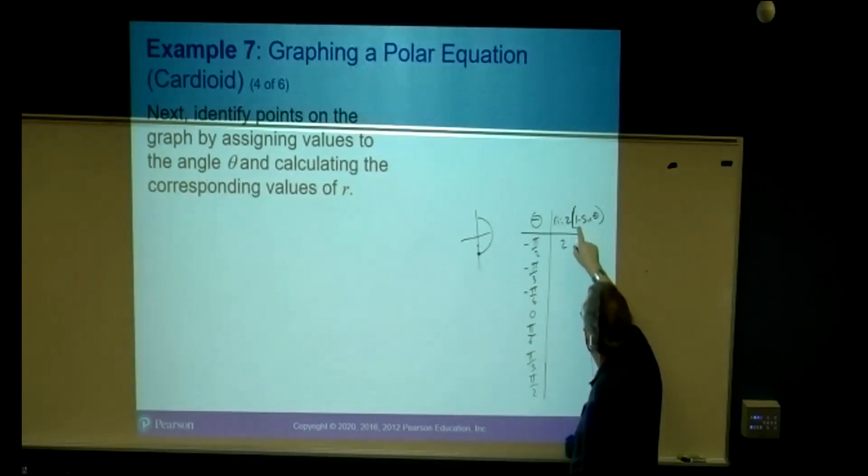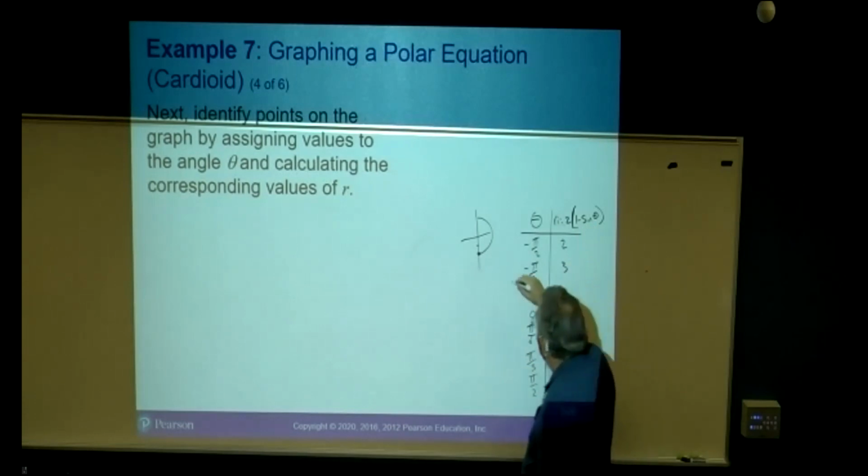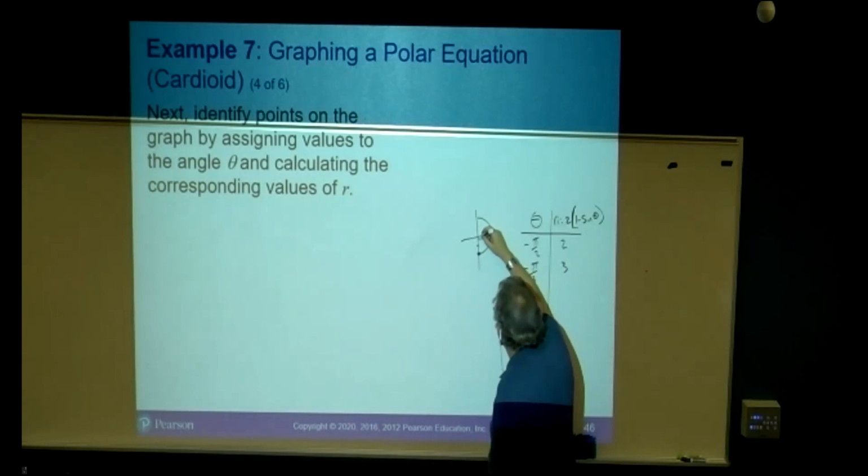And so it's negative 1/2, so 1 plus 1/2. So that's 3/2 times 2, which is 3. So at this angle, it comes out to 3 here. So I'm going 3 units out along this line.